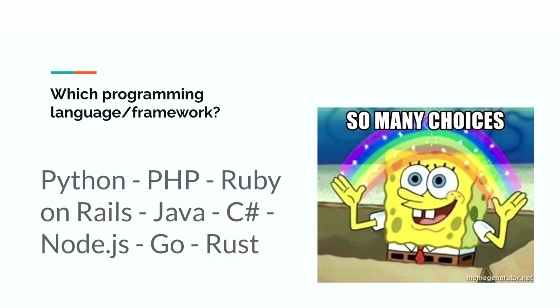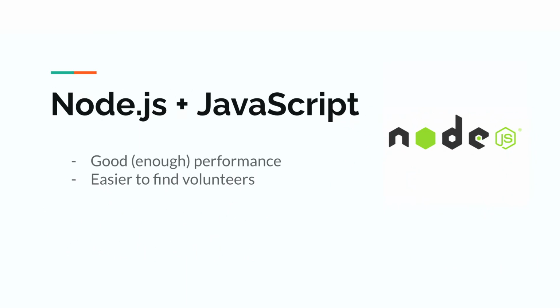We had some choices: which programming language, which platform we're going to use. So there are quite some options. Maybe you see your favorite programming language, or maybe it's not there. And what is the programming language we chose? That was Node.js with JavaScript. JavaScript has quite good performance, and one of the advantages is that it's easier to find volunteers.